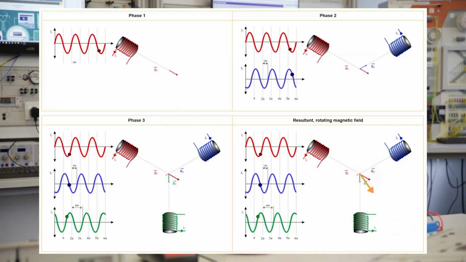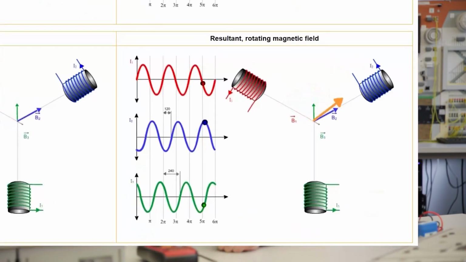You have the first coil, the second coil, and the third coil, always with an angle of 120 degrees between them, so everything together leads to 360 degrees. Now you see with this arrow how the rotating field is created. This field of course acts on the rotor and starts the rotor to spin. It doesn't matter if it's an asynchronous or a synchronous rotor. That doesn't make any difference. The stator always works the same.